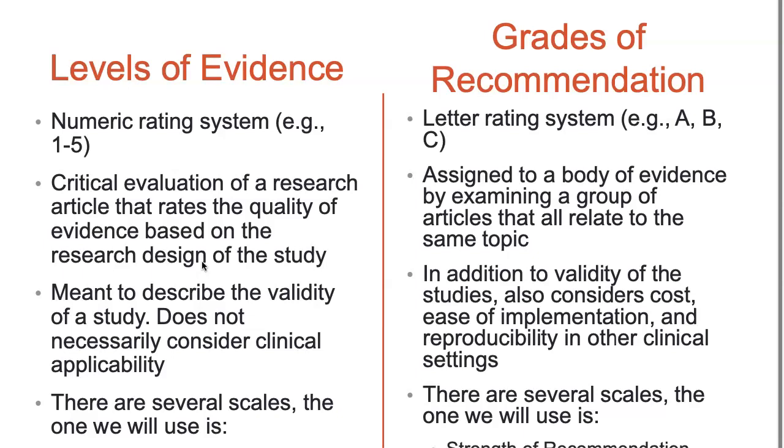It also is meant to describe the validity of the study. It does not necessarily consider the clinical applicability. Remember validity and reliability. Something that is valid actually measures what it's supposed to measure, and something reliable repeatedly measures something.